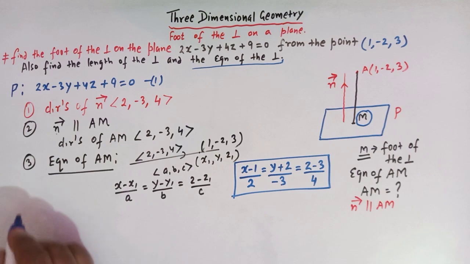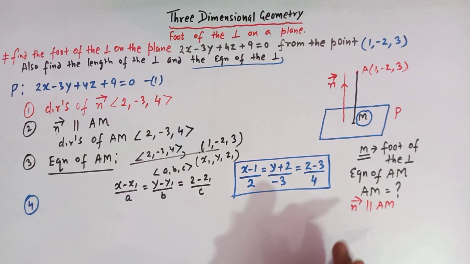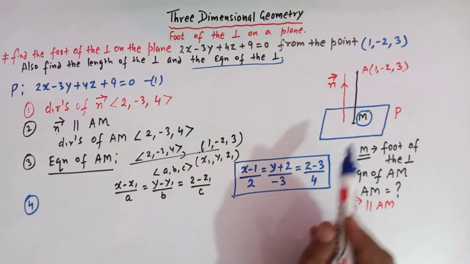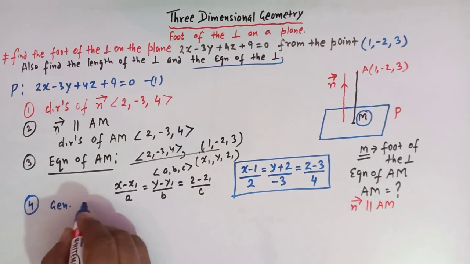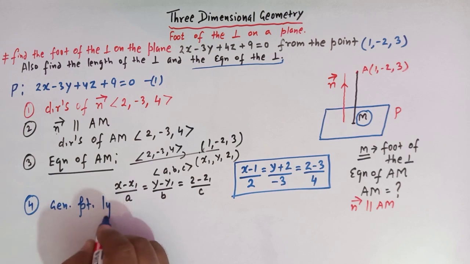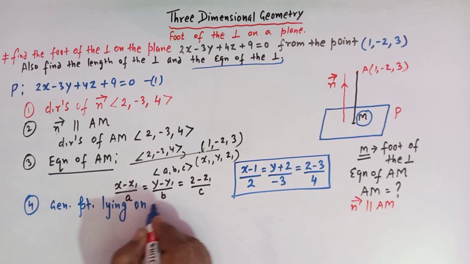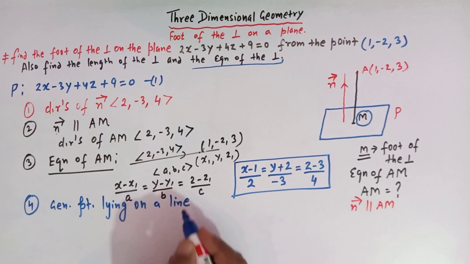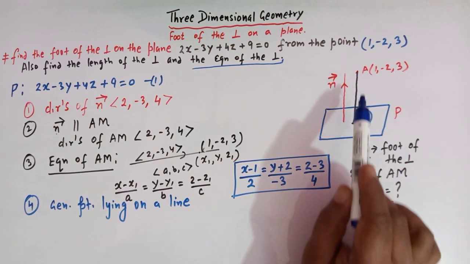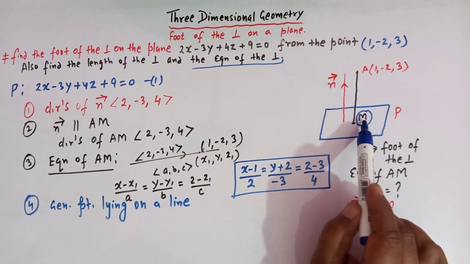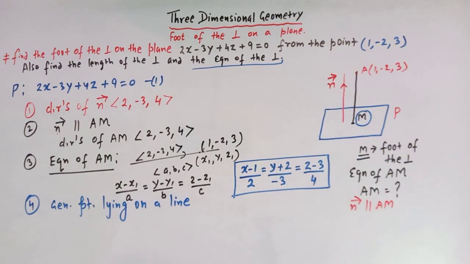So now the fourth concept which will be used here to find the coordinates of M is the concept of a general point lying on a line, right? Here AM is the given perpendicular or the given line, and M lies on this line AM, right?